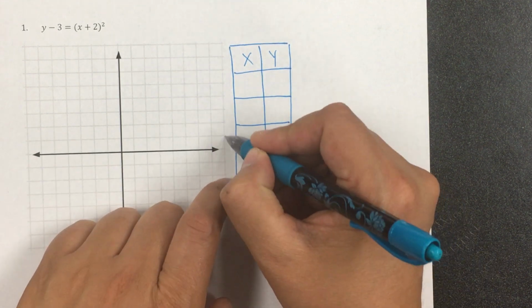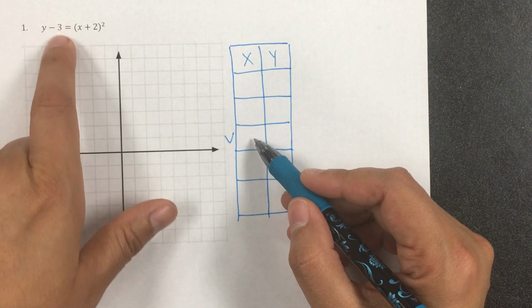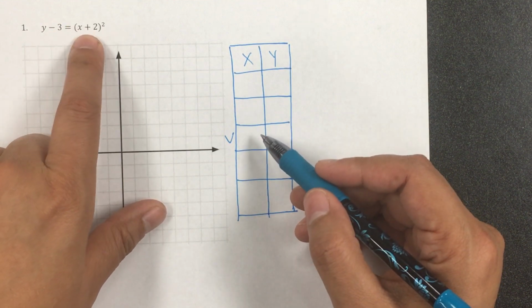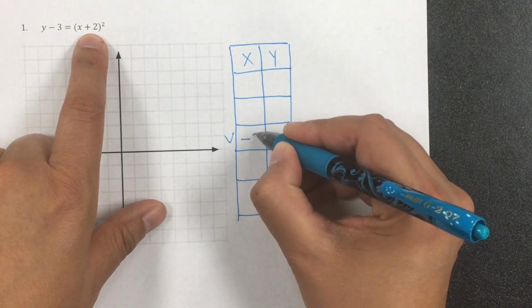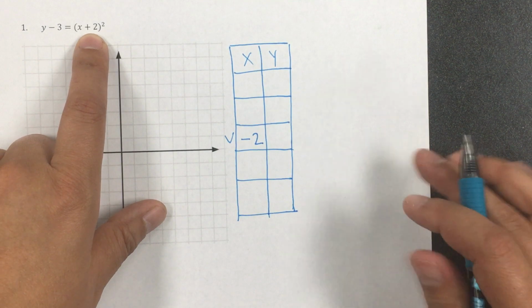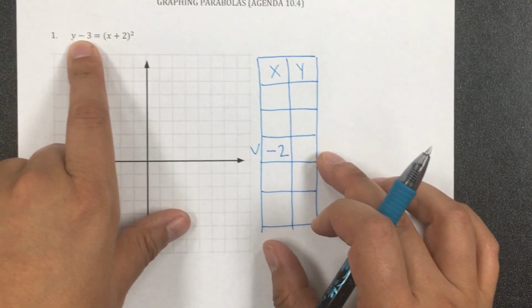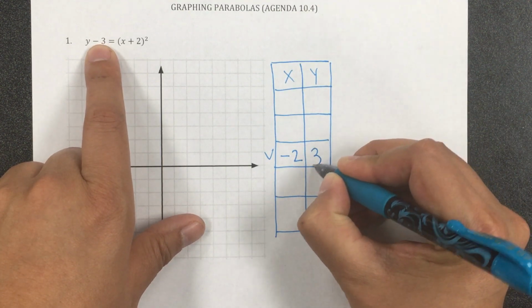The vertex, as I mentioned before, there is a number next to y, so you do the opposites of both. So in here, if it's +2, the opposite is -2, and that's for the vertex, which we're going to always place in the middle to make it easier for us. And here, if it's -3, it becomes +3.